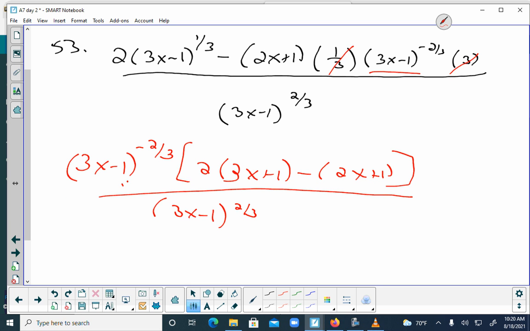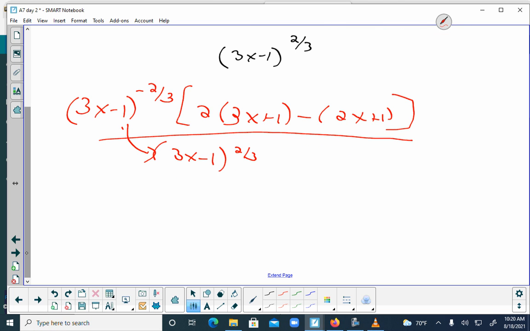Now that I factor this out, I can bring it down because it has a negative exponent, and only when I factor out can I do that. So now this will be 6x plus 2, and then minus 2x minus 2. So I end up with 4x minus 3.